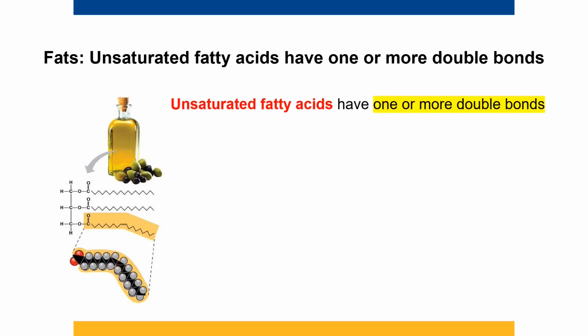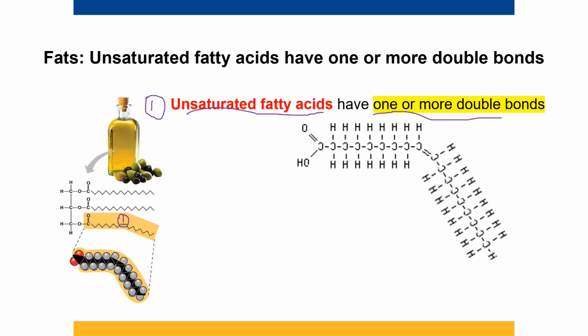So the first thing that I want you to remember is that unsaturated fatty acids have one or more double bonds. In this case, it was only one, but this is enough to call it unsaturated. The second thing I want you to see is that here is the double bond.